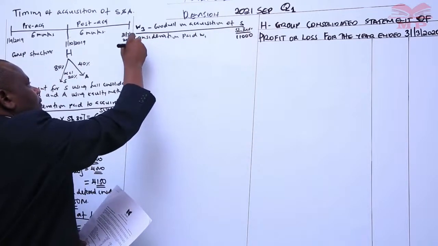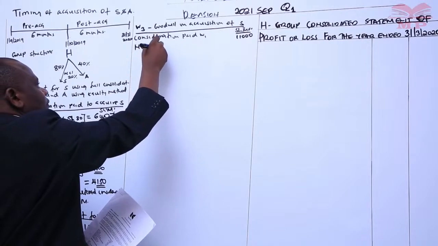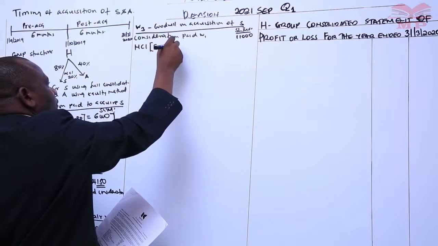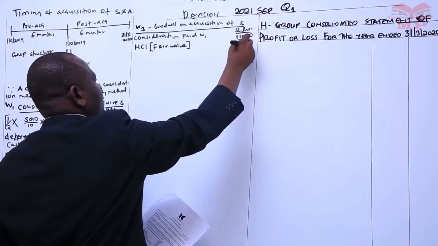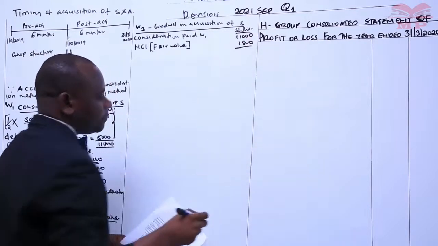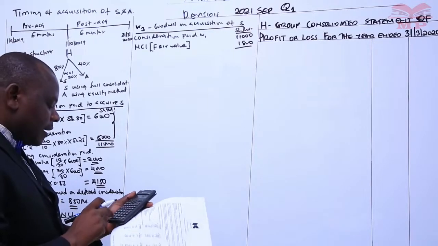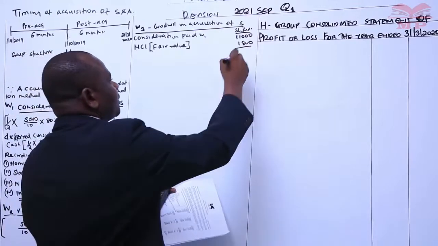To that we add the fair value of non-controlling interest, 1,800. So the total consideration paid, including the fair value of NCI, is 12,800.